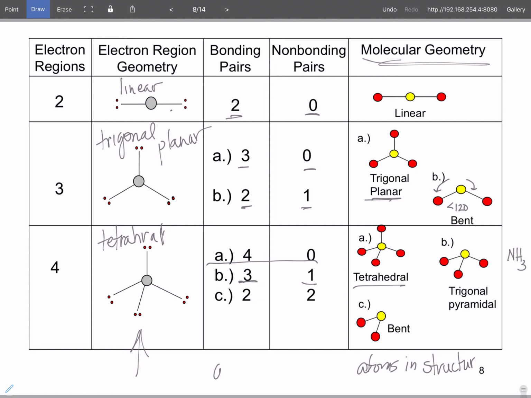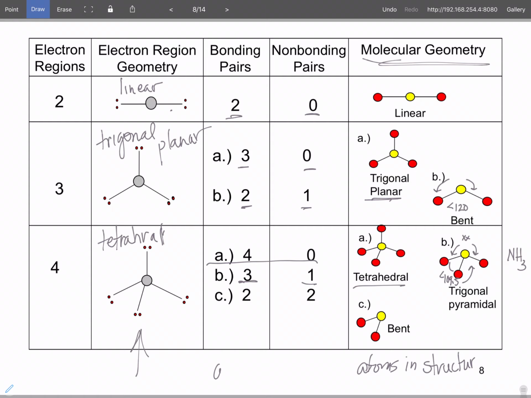That's like ammonia. So again, what you're dealing with is a lone pair up here. Again, you don't see it, but it has an effect. And so what it'll do is make all these angles be less than 109.5. Because what it's going to do is push.